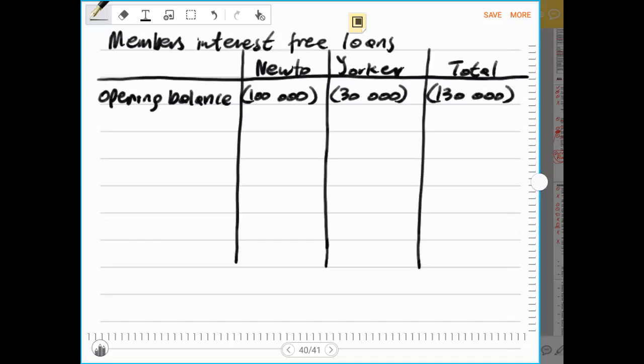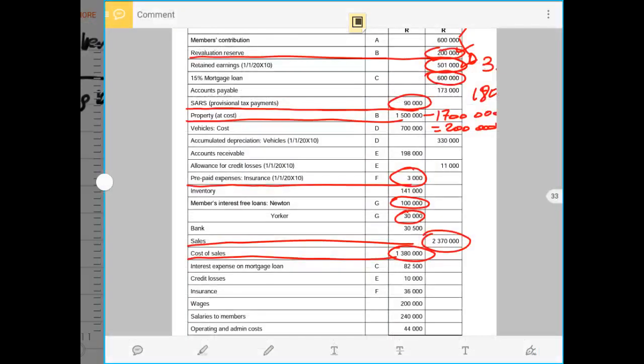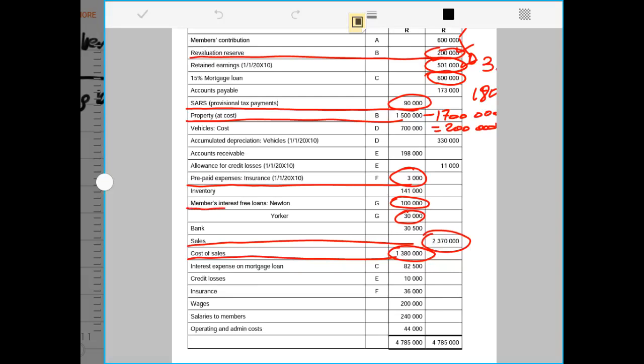Remember, the reason why I write the opening balance as negative is because if you see in the trial balance, these are the entries that are recorded on the debit side, and these indicate assets.